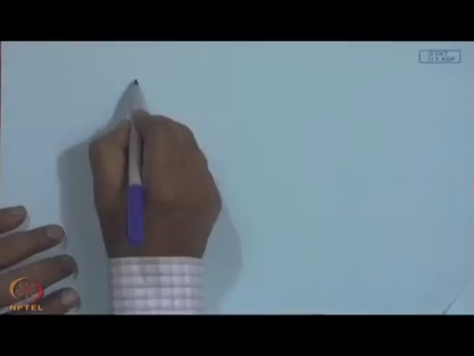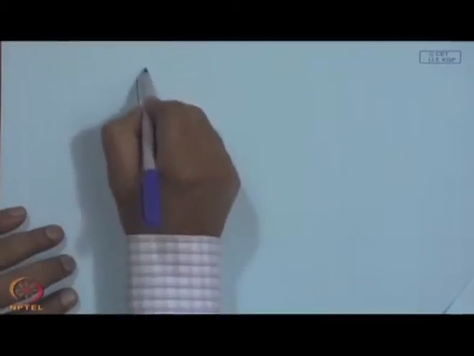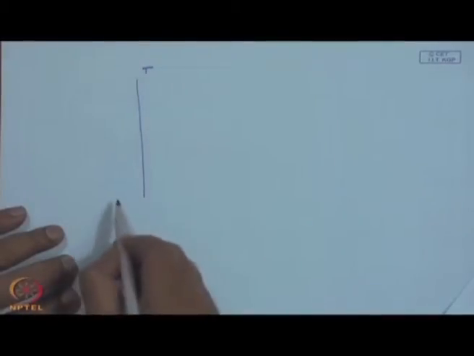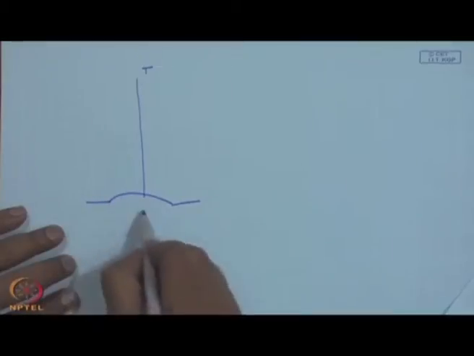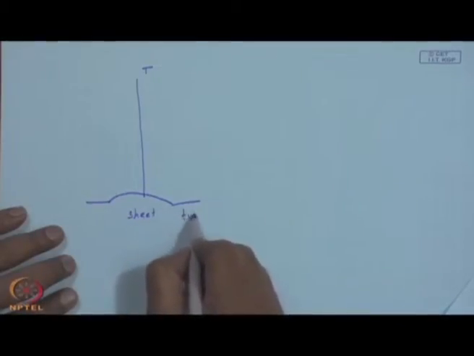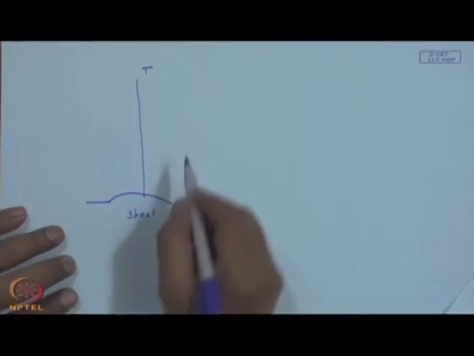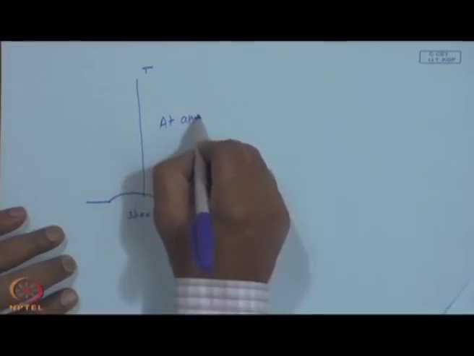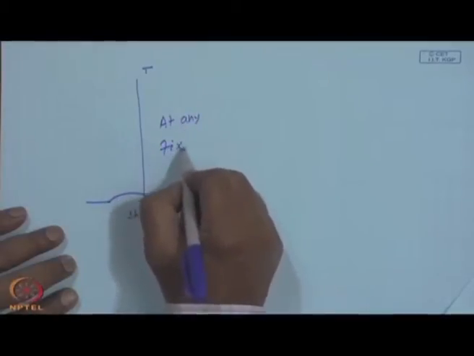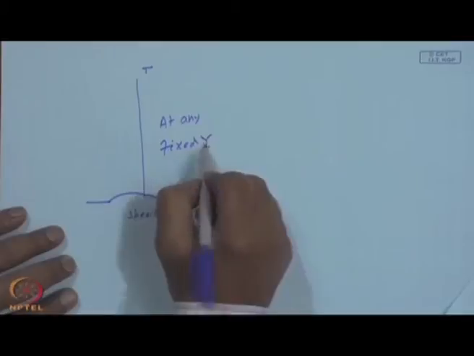So, in a single dimensional plane, if I plot temperature T versus position, this is the tube, this is the fin sheet rather, this is what I have, at any fixed y.